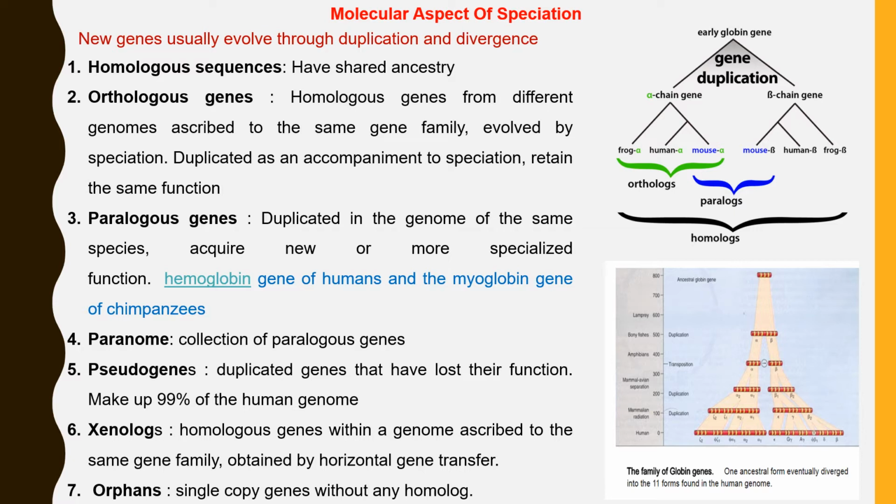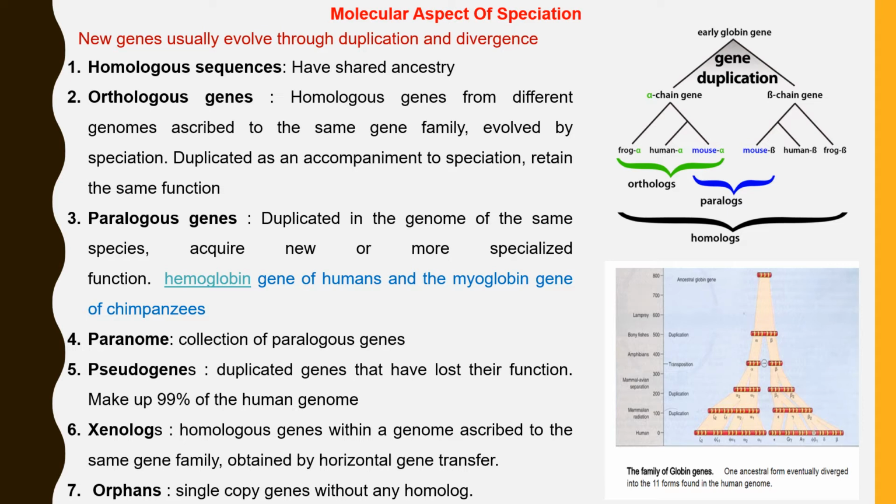Paralogous genes. These are duplicated in the genome of the same species and acquire new or specialized function. Example, alpha globin and beta globin genes in mouse. Paranome. It is a collection of paralogous genes.